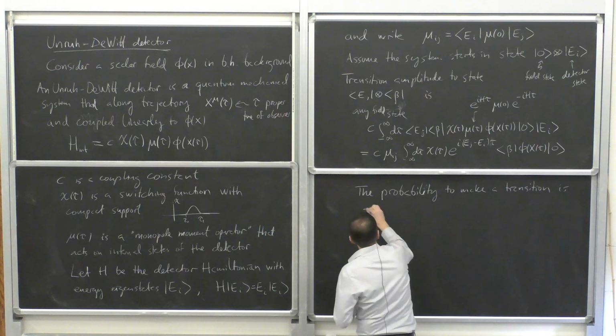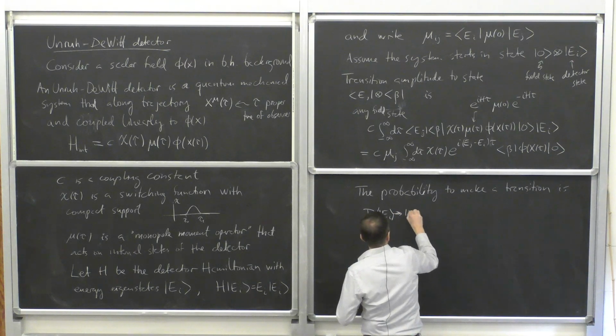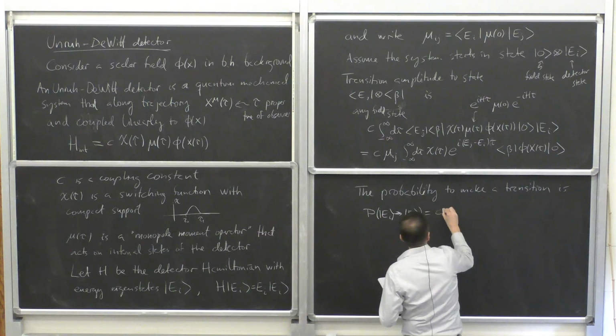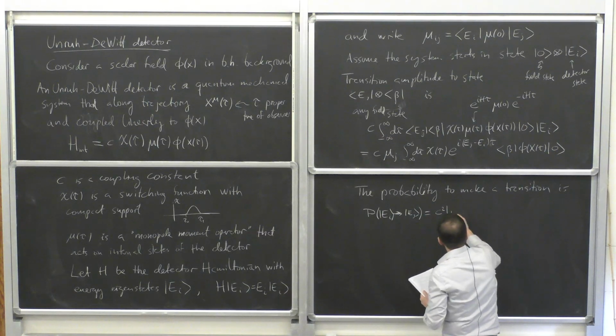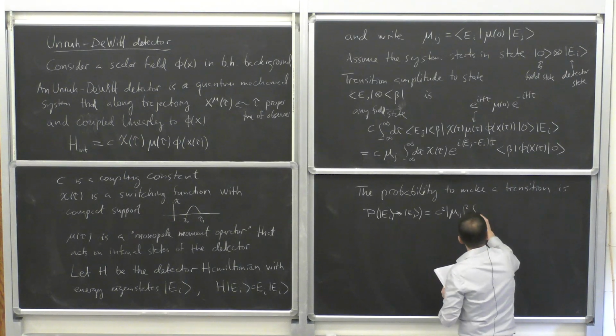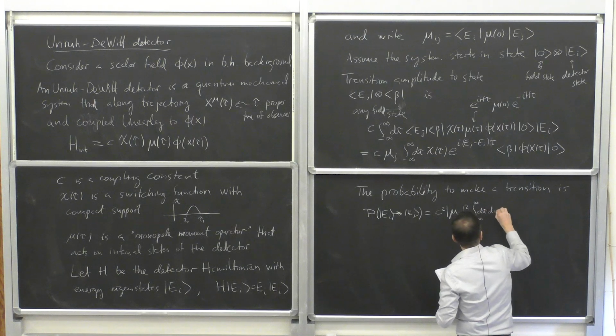So we calculate P, EI goes to EJ, which should then be C squared. Let's assume that we have a real-valued coupling constant, C squared mu ij squared, right? Now I'll have to do two time integrals, d tau and d tau prime.